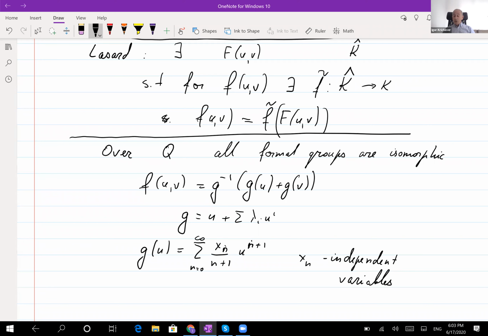Compute the formal series f of uv by taking the inverse series and plugging into the formula. Of course, over Q it is defined, it's a polynomial in x in an infinite number of variables. But take the smallest ring that contains the coefficients of this formal group. And this is the universal Lazard ring.